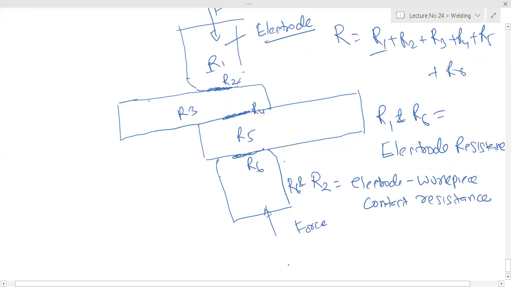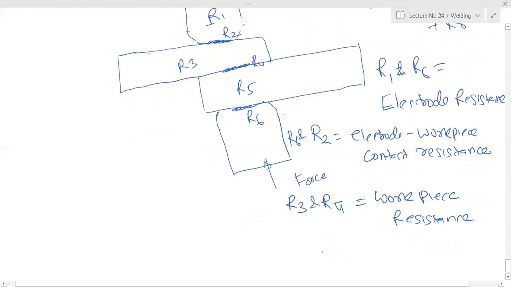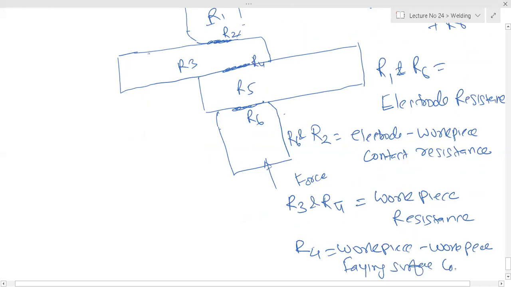Now R3 and R4, R5, sorry, R5 is your workpiece resistance, right? And R4 is your workpiece contact, or we call it faying surface contact.